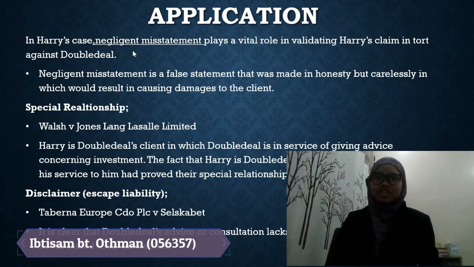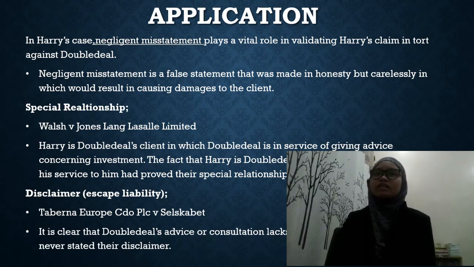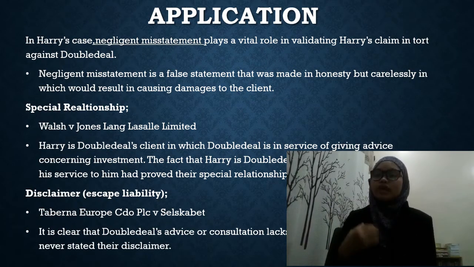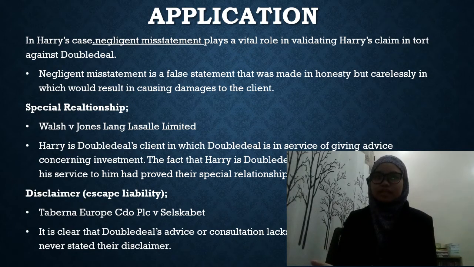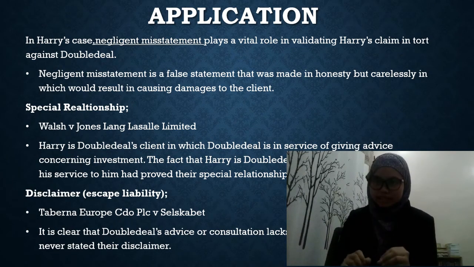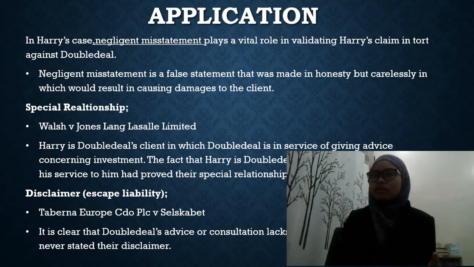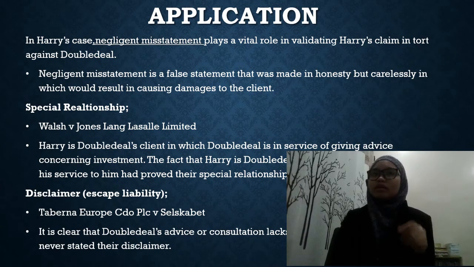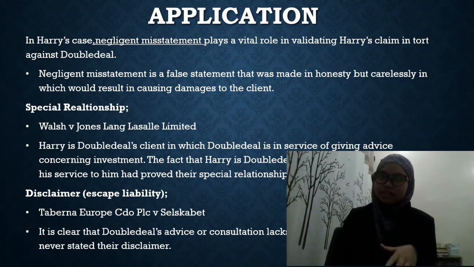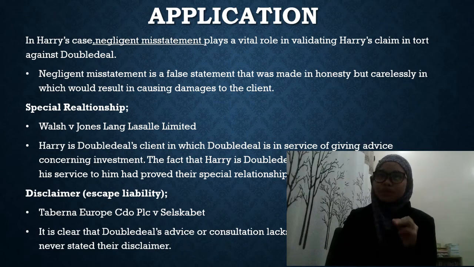Next is application. Now, in Harry's case, negligent misstatement plays a vital role in validating Harry's claim against Doubledeal. Negligent misstatement is a false statement made honestly but carelessly, which results in causing damages to its client. In order to establish negligent misstatement, one must have a special relationship.